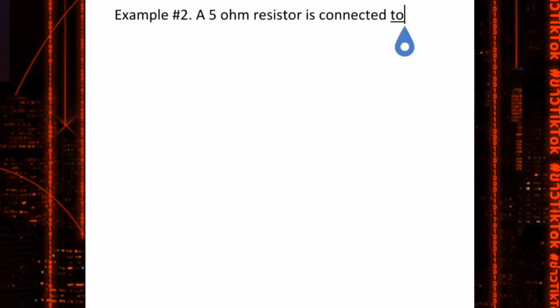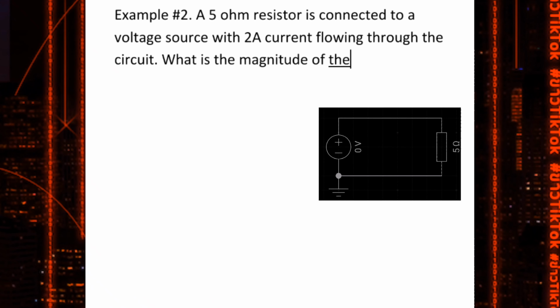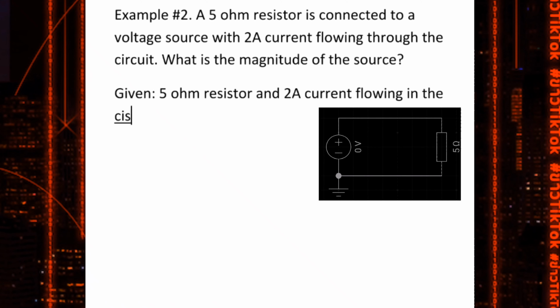The next example is to find the voltage source where the current flowing and the resistance are given. In this example, a 5 ohm resistor is connected to a voltage source with 2 amperes of current flowing through the circuit. What is the magnitude of the source?